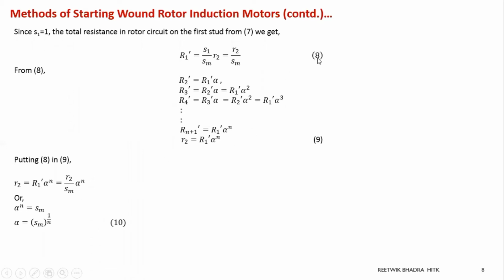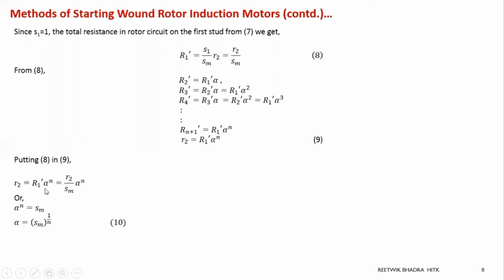Now, if I compare equation 8 and 9, from the last equation over here, R2 is equal to R1 dash alpha to the power n. From 8, what is R1 dash? R2 by Sm. So R1 dash is replaced by R2 by Sm, equal to alpha to the power n.